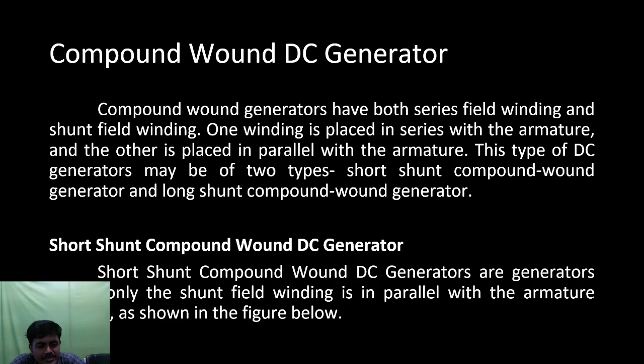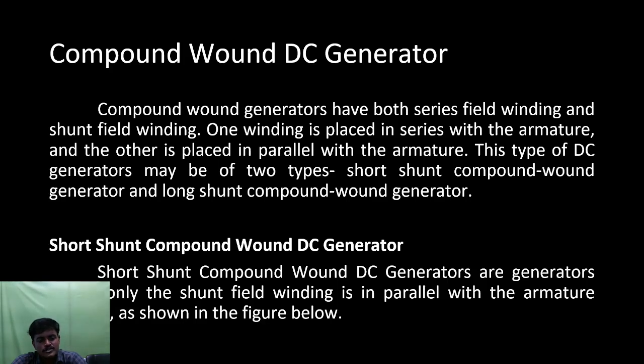This type of DC generator may be of two types: short shunt compound wound generator and long shunt compound wound generator. It depends on how the shunt field winding is connected, either parallel to the armature, or parallel to the series combination of the series field winding and the armature. Two types of parallel connection we can make for the shunt coil.